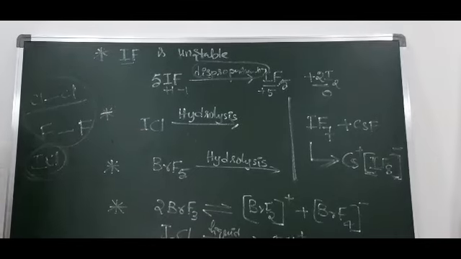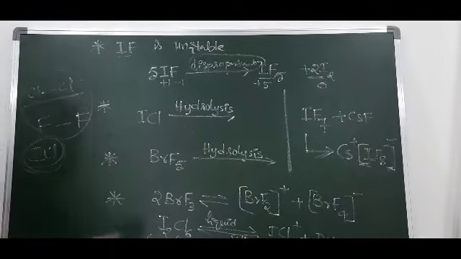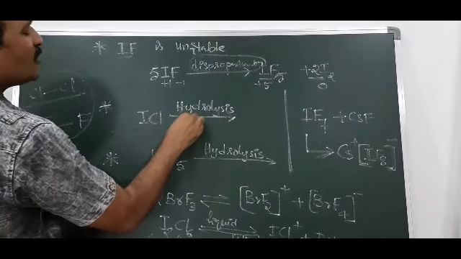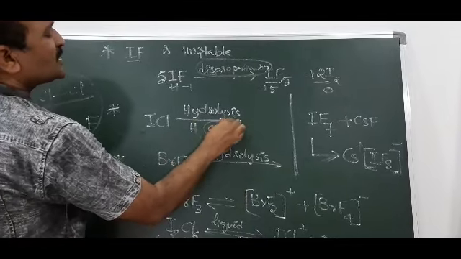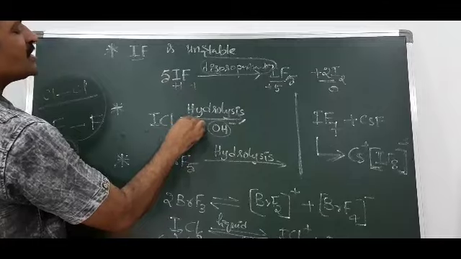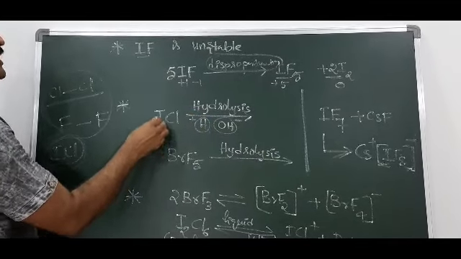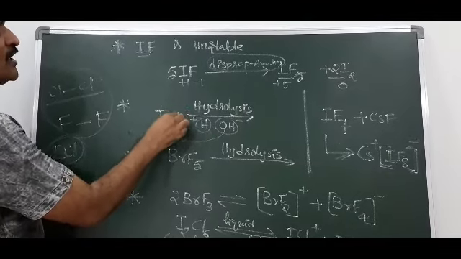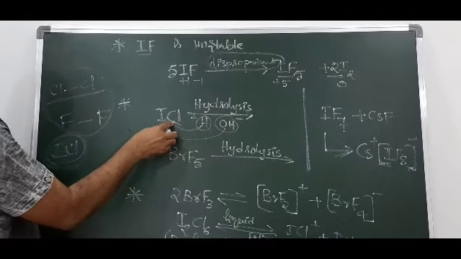And come to the hydrolysis of interhalogens. ICl undergoes hydrolysis. Hydrolysis means, for the sake of convenience, H and OH. OH is the negatively charged part and H is the positively charged part. Here iodine is the central atom, so it always invites the OH group, and chlorine has the negative oxidation state, so it always invites the hydrogen.